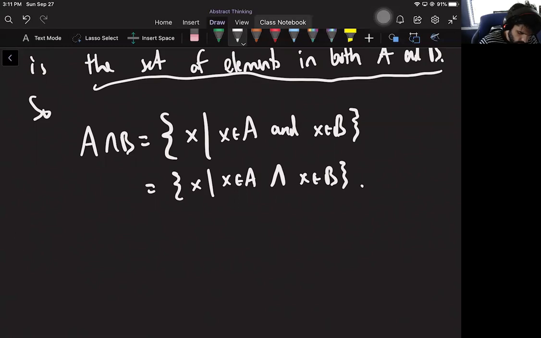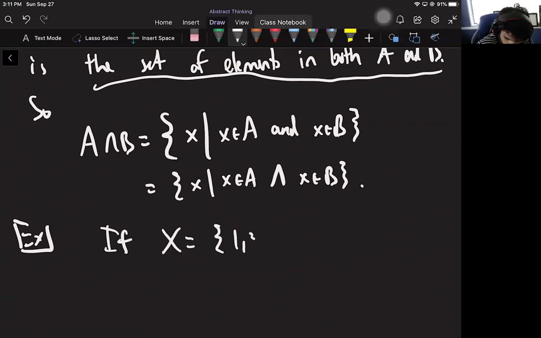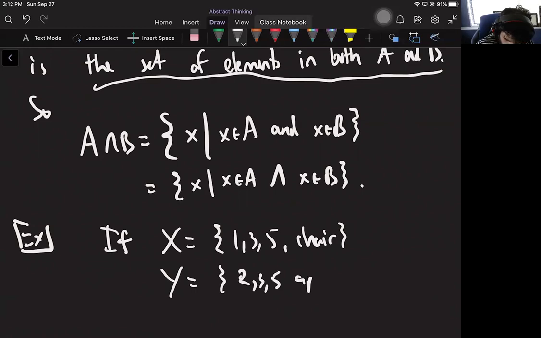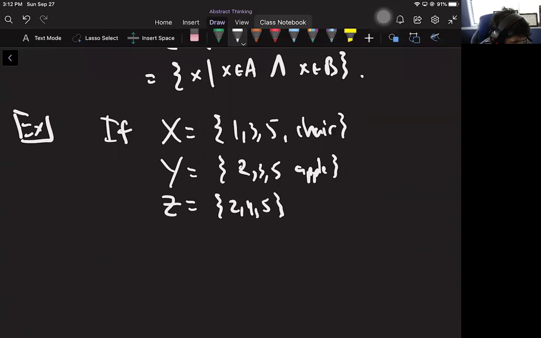So before we do that, we'll do an example just because it's easier to see what's going on. So if X equals 1, 3, 5, chair, Y equals 2, 3, 5, apple, and Z equals 2, 4, 5, then I can combine these sets using intersection.